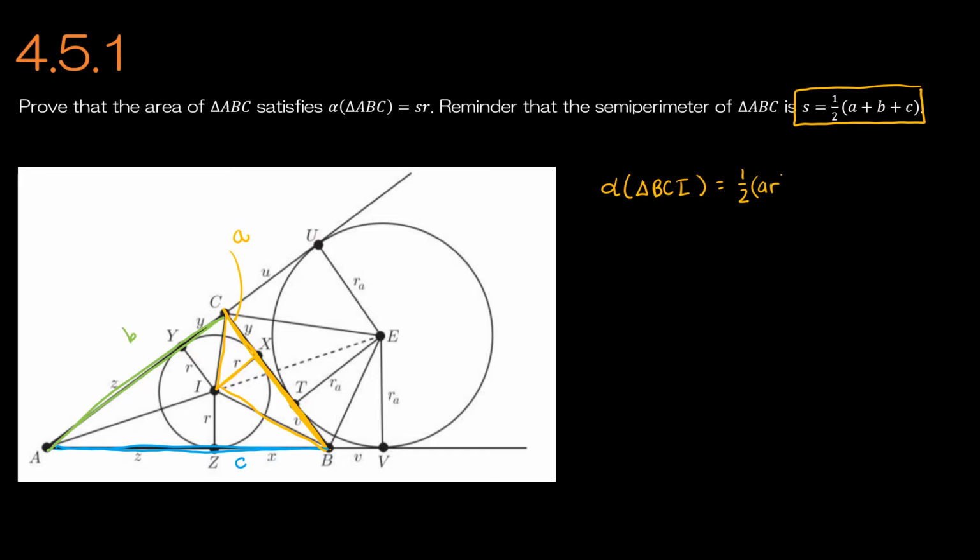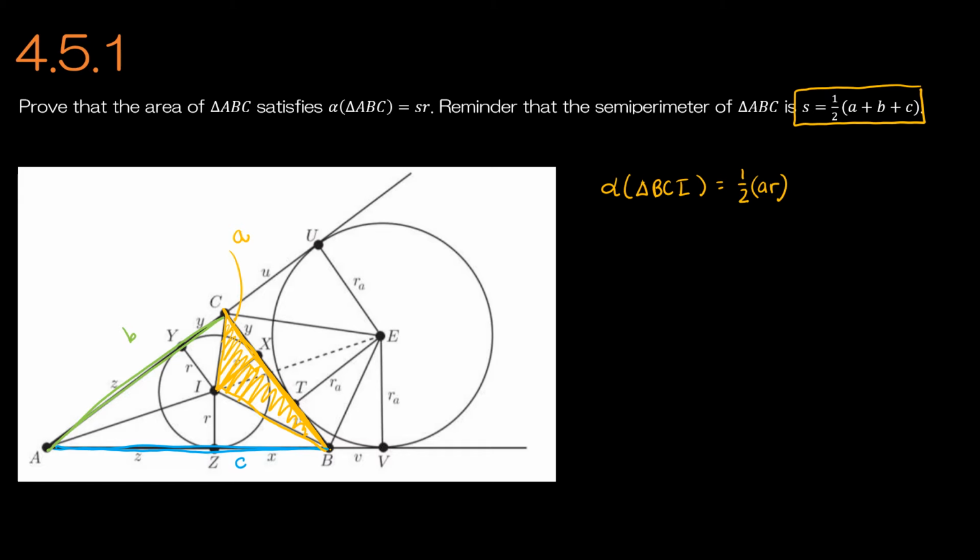Now, do I know for certain that that is perpendicular? Yes, because I've been following along in my text and I've read chapter 4, and it's very clear that these are perpendicular segments that are also the radius of the incircle. So I know that the area of the yellow triangle is 1/2 ar.